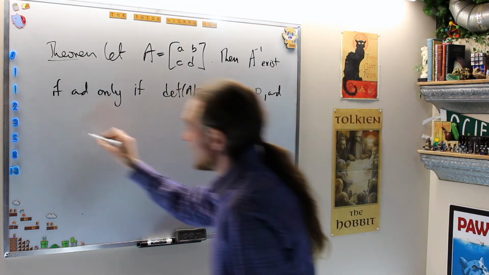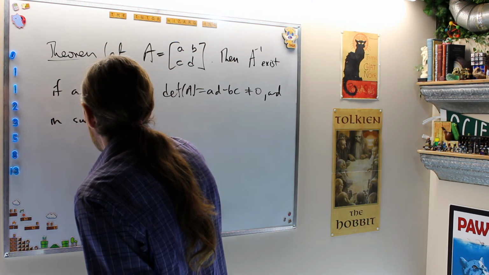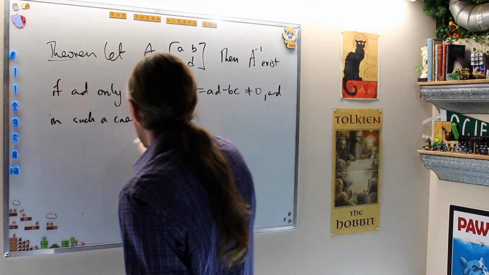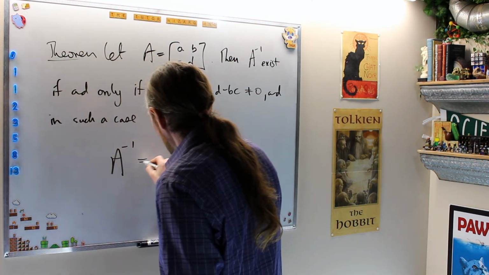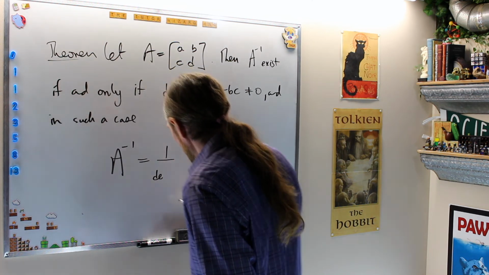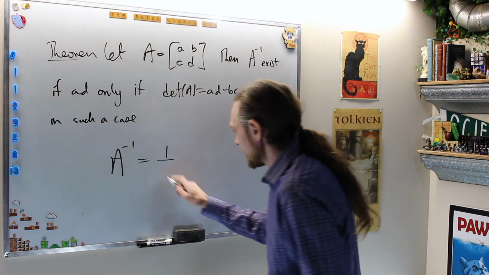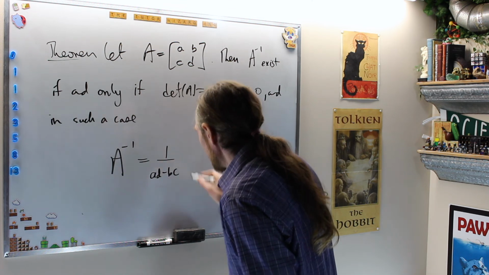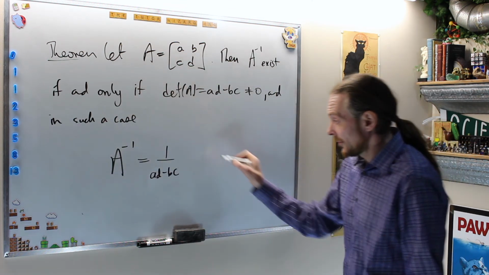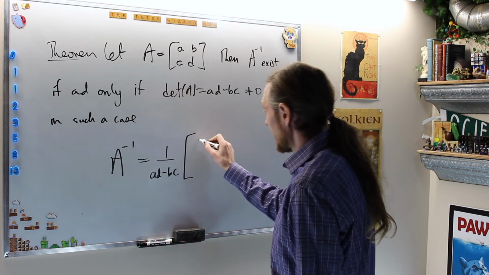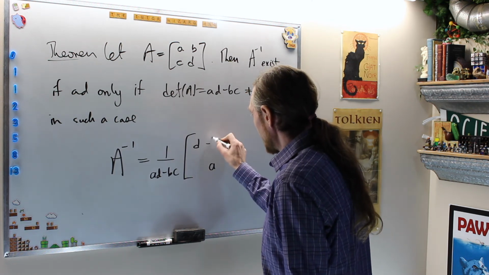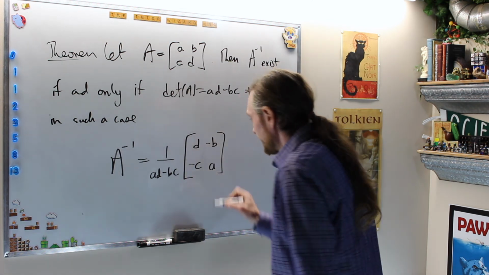And in such a case, the inverse of A is equal to 1 over the determinant of A, which is AD minus BC. That's why it has to be non-zero for it to exist. We're going to divide by it. And then [D, negative B; negative C, A].